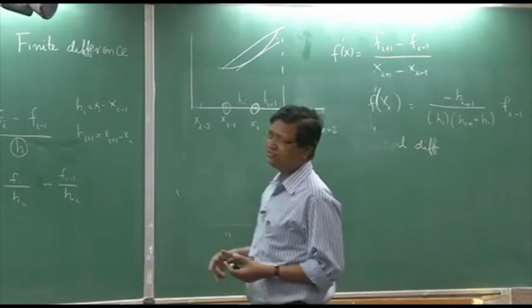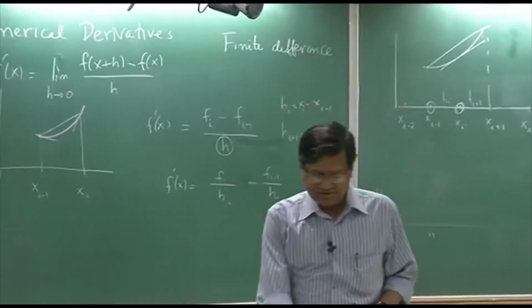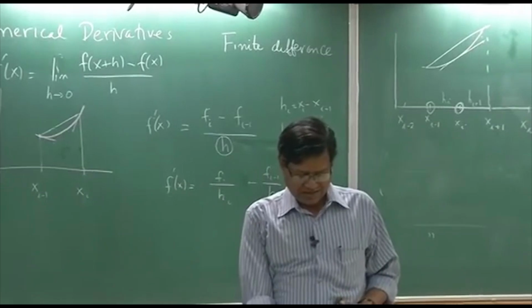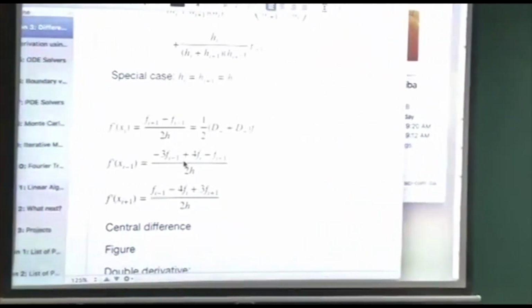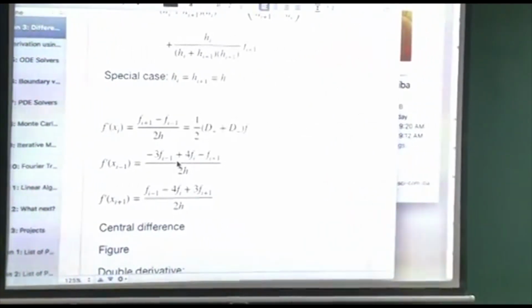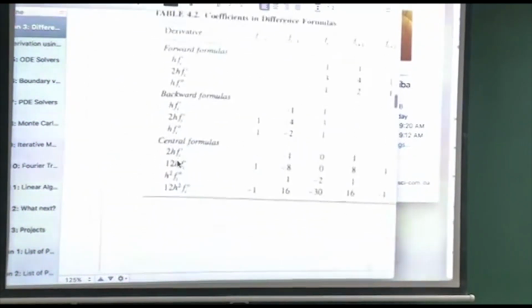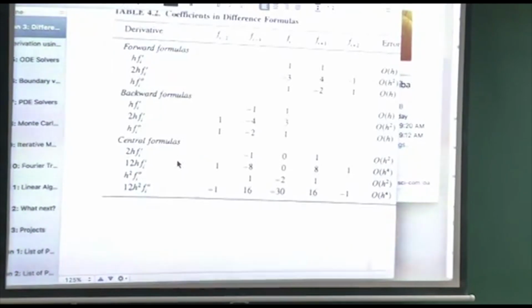So, there is a forward difference, and the formula which I mentioned, this one, using the points ahead of you. So, the point where you are is minus 3, then 4 and minus 1, and divide by 2h. So, I take this 2h to here and give you the coefficients. The coefficients are minus 3, 4, minus 1.